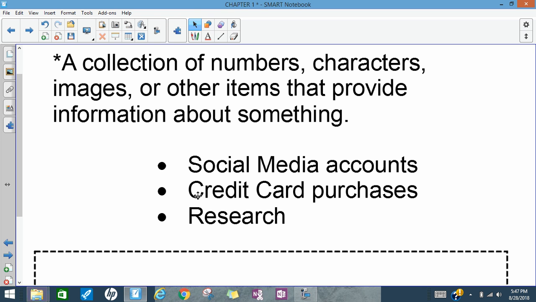When you make purchases with your credit card in certain stores, they take your information and the purchases you made, and it allows them to send you different flyers, sort of target you as a consumer so they know what you'll spend money on. And of course, research. Research is always being done, and data needs to be collected.